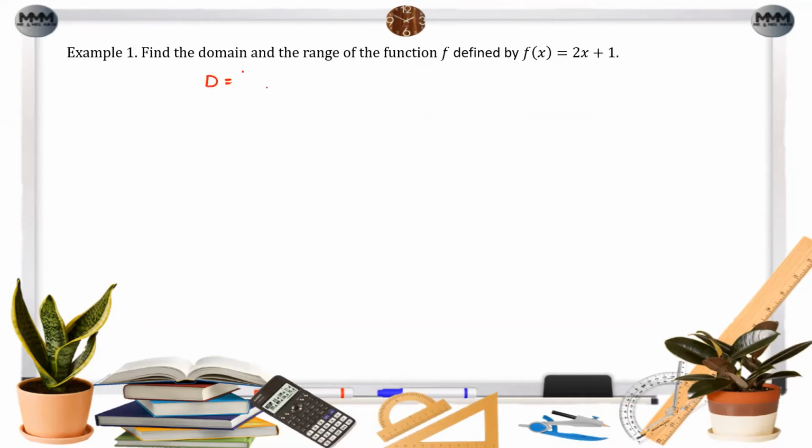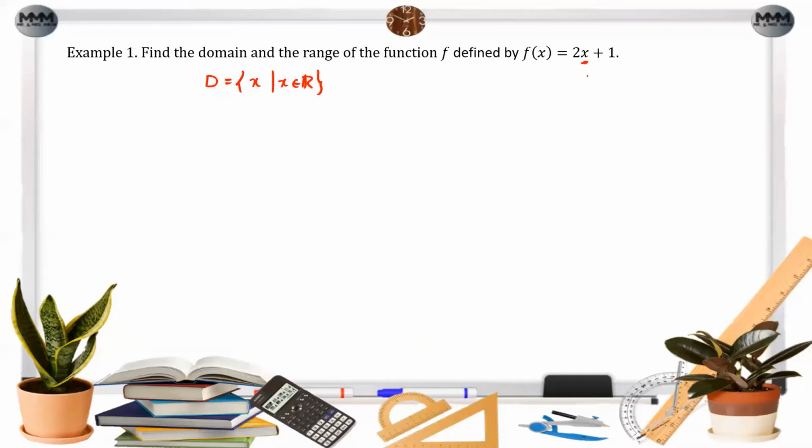Because any assignment of x here, the function is always defined. So here, if you assign any value to x, still we can get f of x. Still, f of x is defined. Hence, the domain is the set of all real numbers.